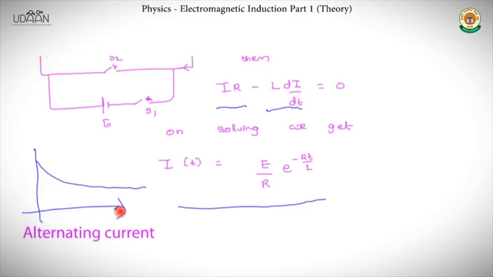And see, if the inductor is not there, the current falls to 0 instantaneously. Here, because of the inductor, the current is decreasing gradually and finally reaches 0. That's right.